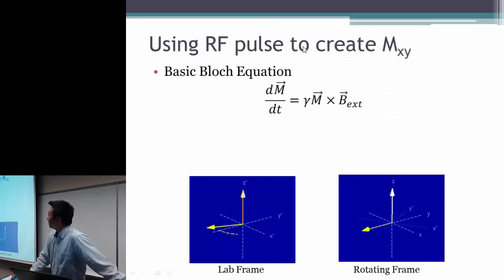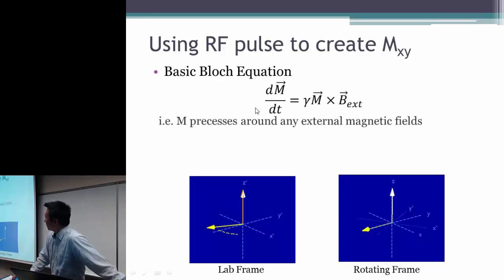Using the RF pulse to create transverse magnetization, as we have seen before, it follows the basic Bloch equation. It means that any magnetization will precess around any external magnetic fields. By generating a B1 field, the RF field, the magnetization will also precess around this B1 field, so that it will have a tipping effect on this magnetization.